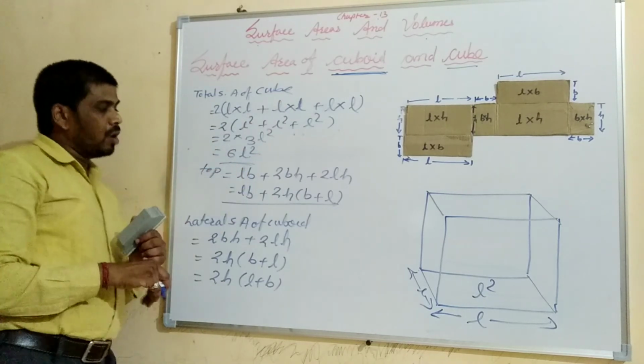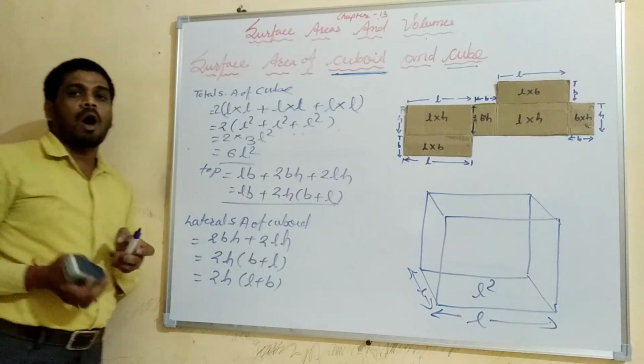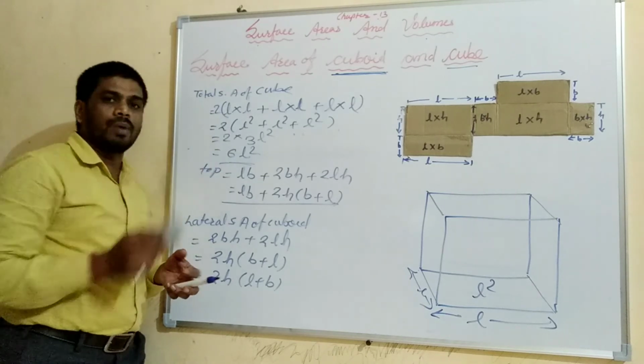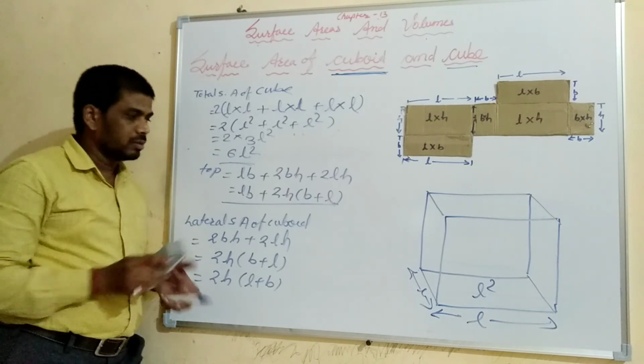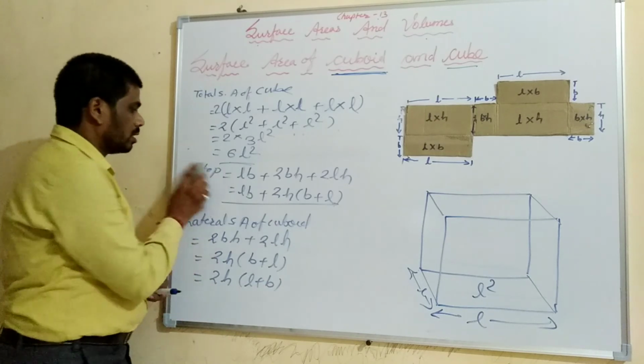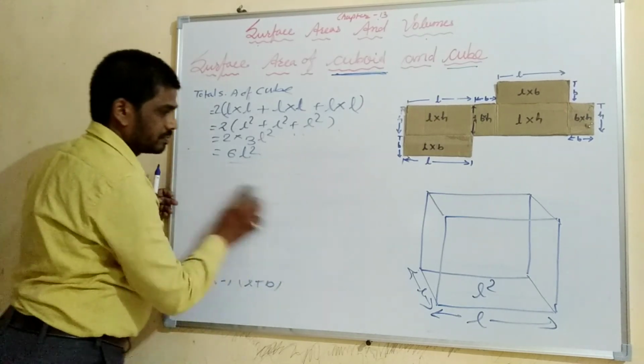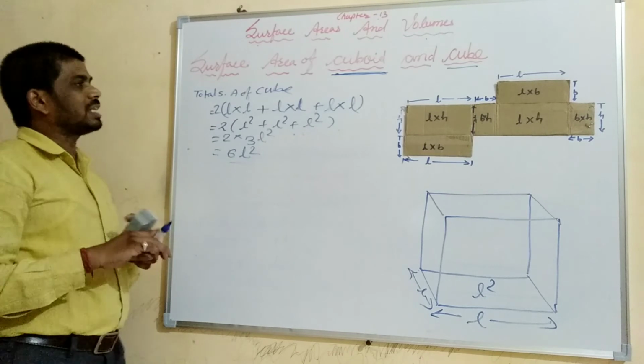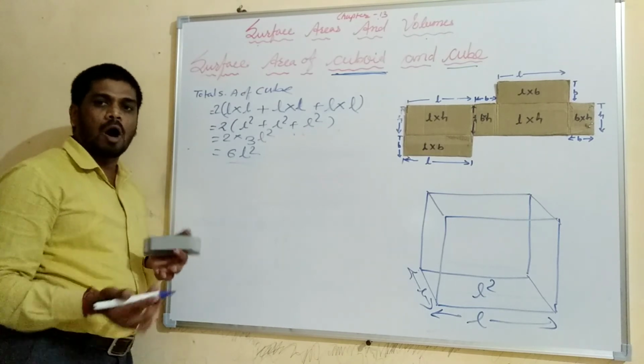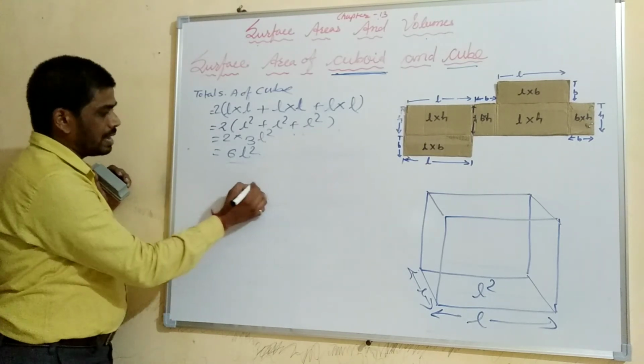6 L square. Now here also, if without top is given, it will be 5 L square. Without top or without bottom, the total surface area of a cube will be 5 L square.